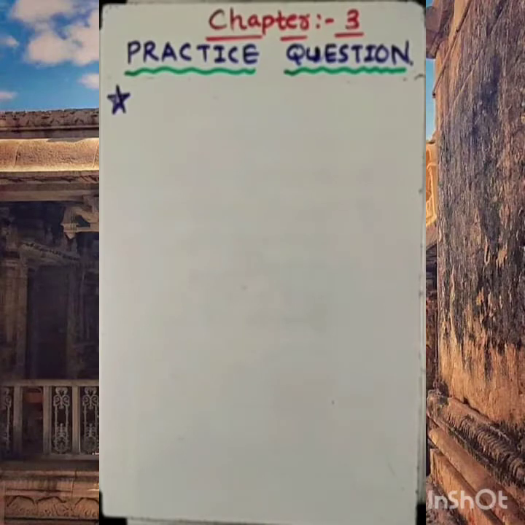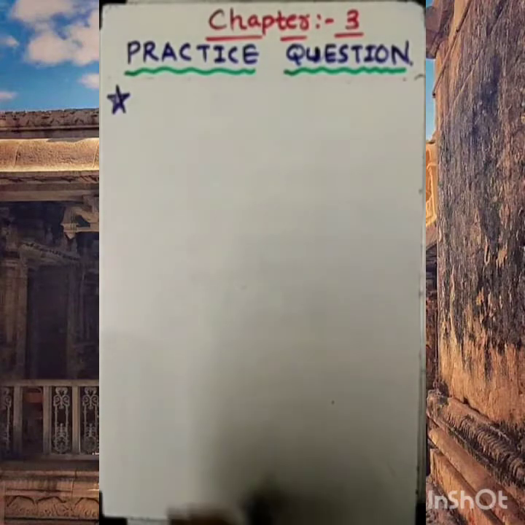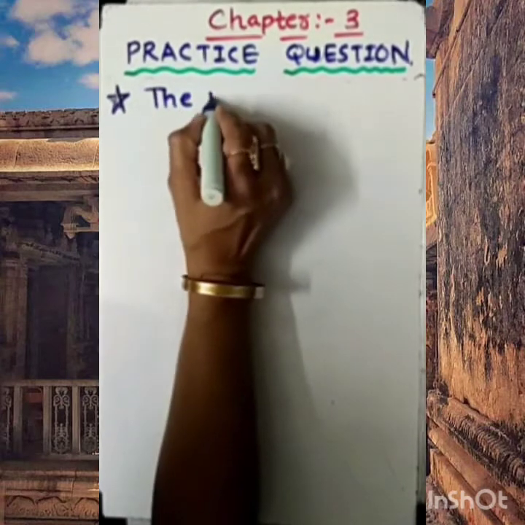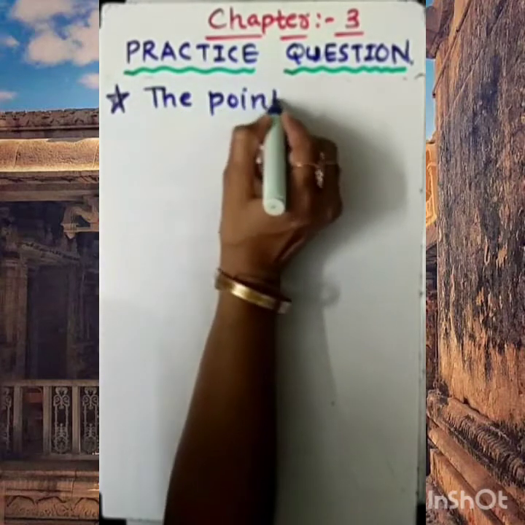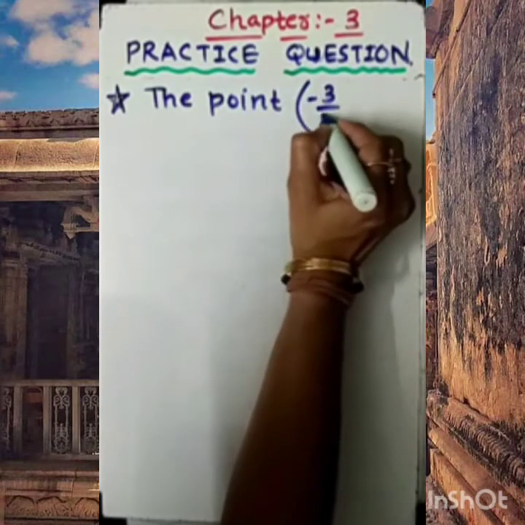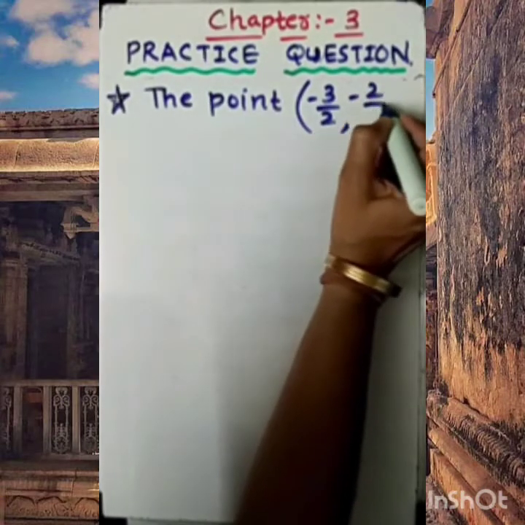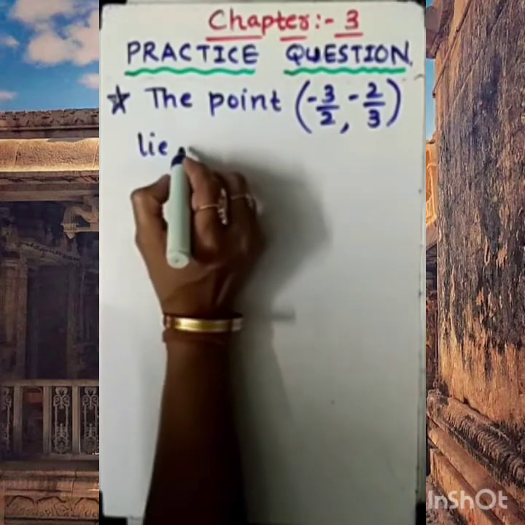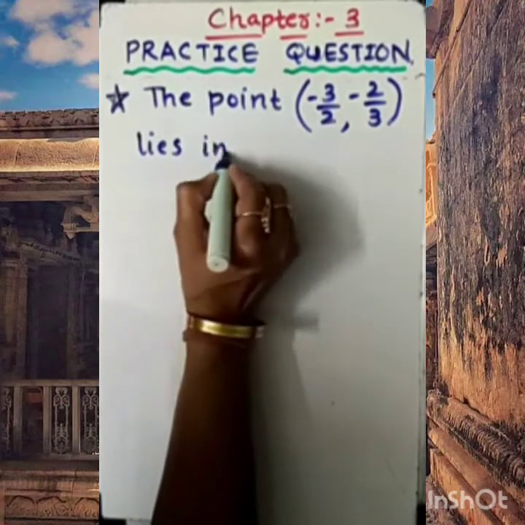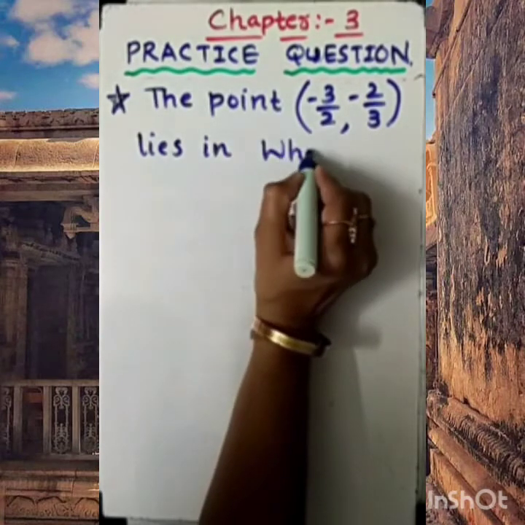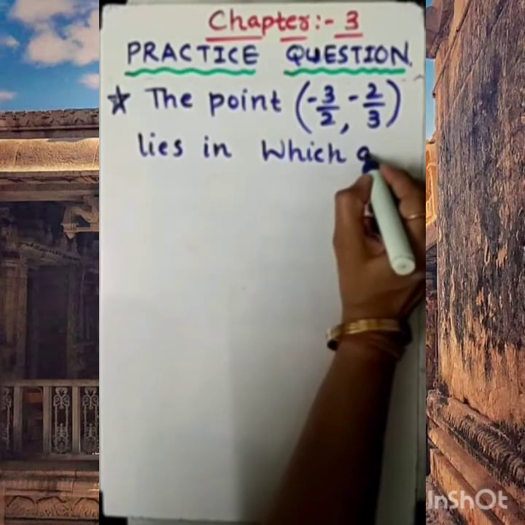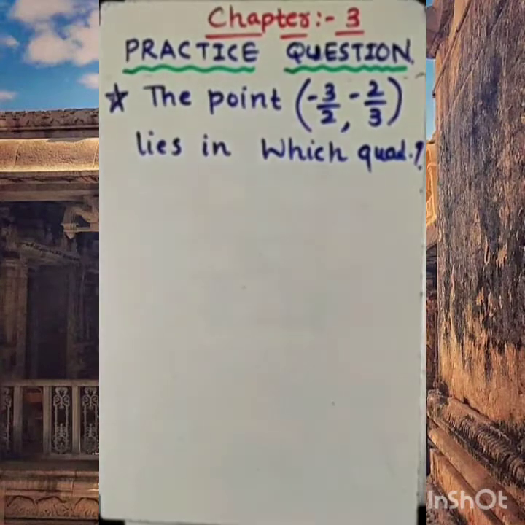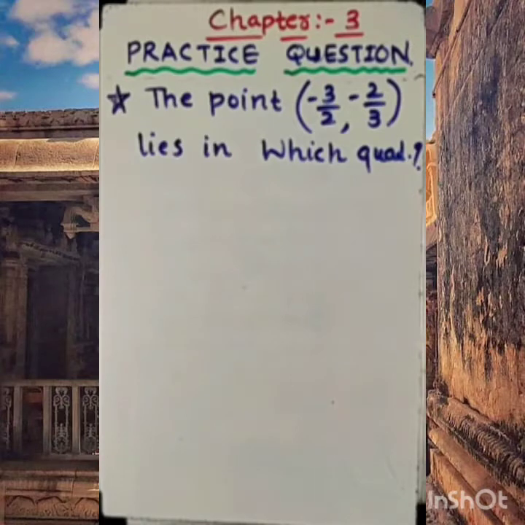Now one more question is in front of you, dear student. So please let's note down the point. Which point am I talking about here? (-3/2, -2/3) lies in which quadrant? In which quadrant? Okay, in short I am writing quadrant. So where will it lie? Just look at this.